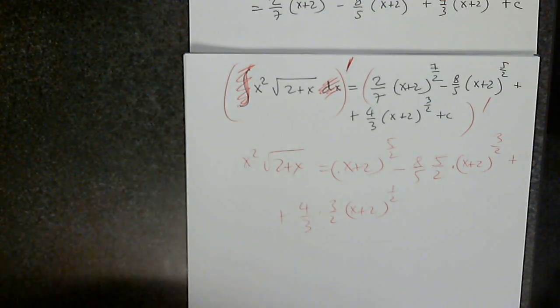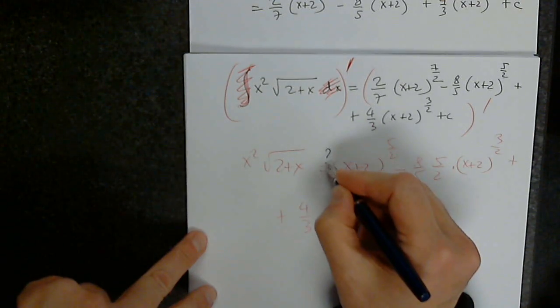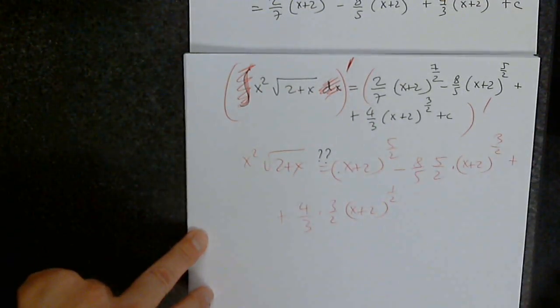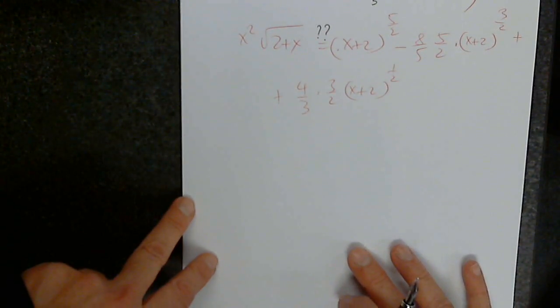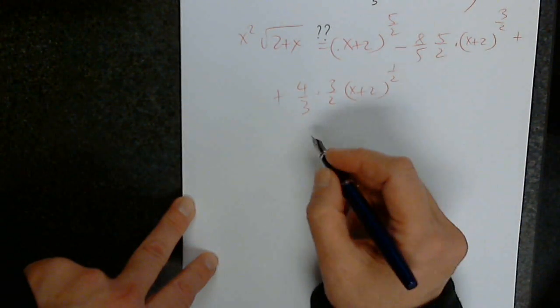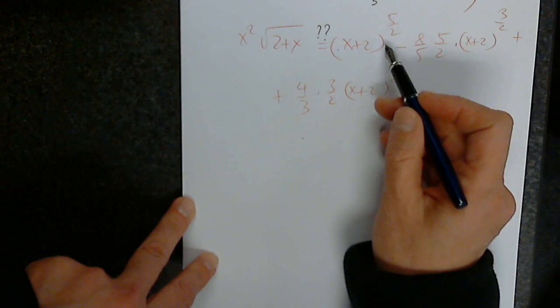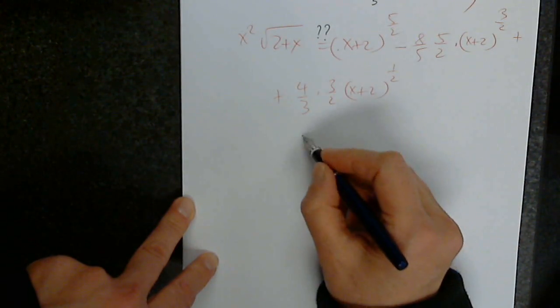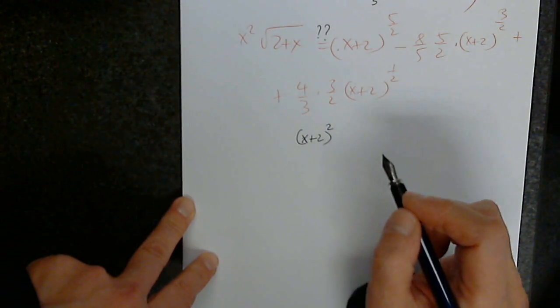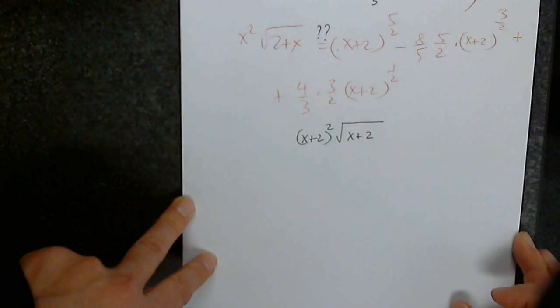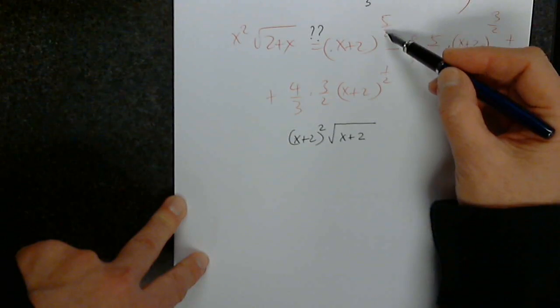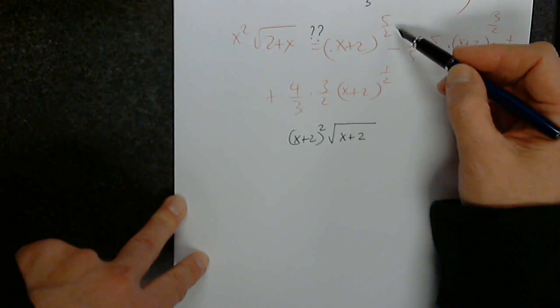I have not finished, so I should put a question mark there, because I have to show you I haven't finished. So this side is, take the integers out, x plus 2 squared times the square root of x plus 2. So this is 4/2 plus 1/2.